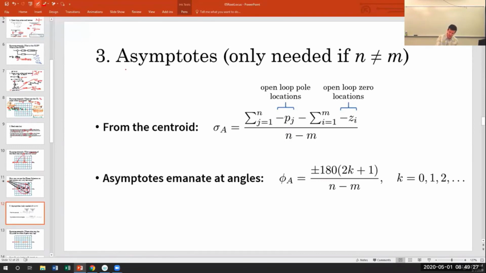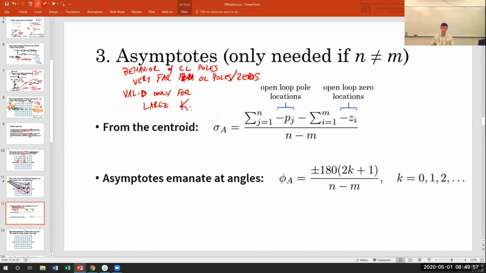This is behavior of closed loop poles that are very far from the open loop poles and zeros. So this is valid only for large K. Okay.